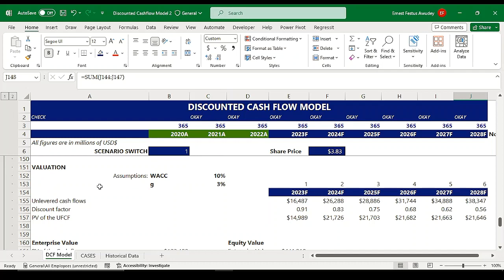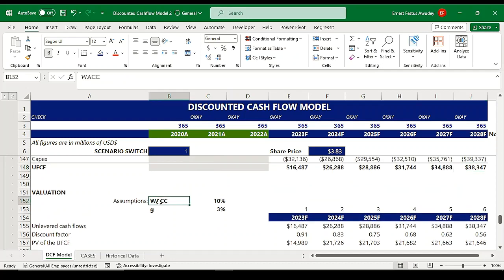Then we made some assumptions. Now this is the WACC. The WACC is the cost of capital of the firm. Usually it's a complex calculation, but in this particular model that we built, we wanted to make the assumptions as simplified as possible.